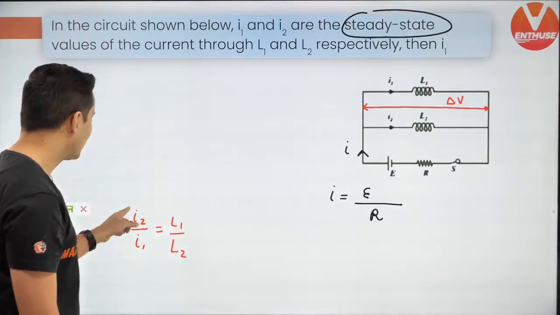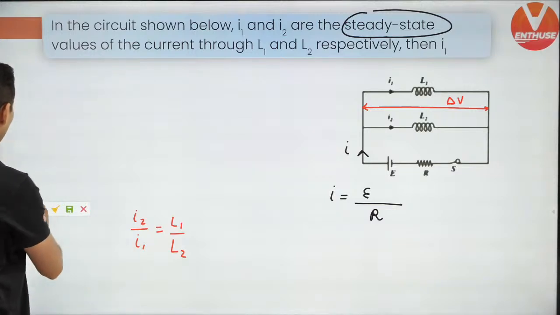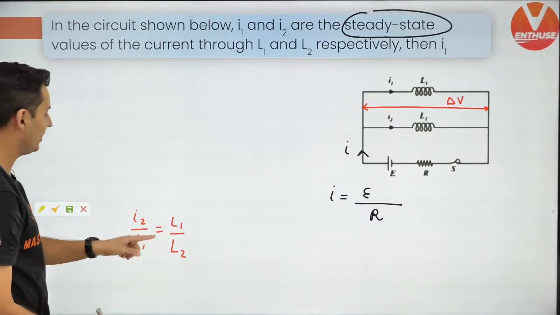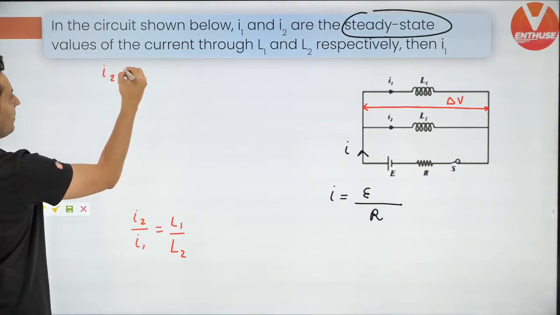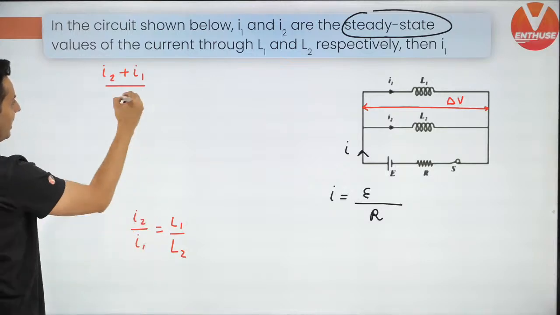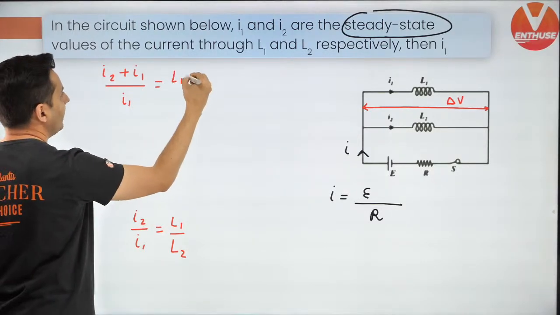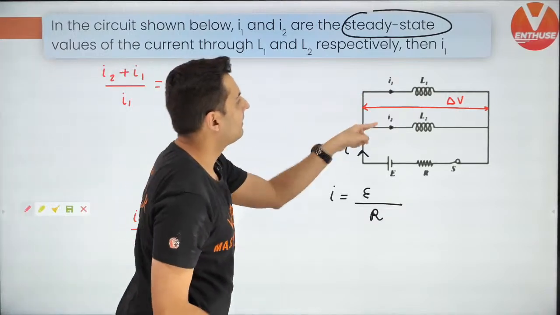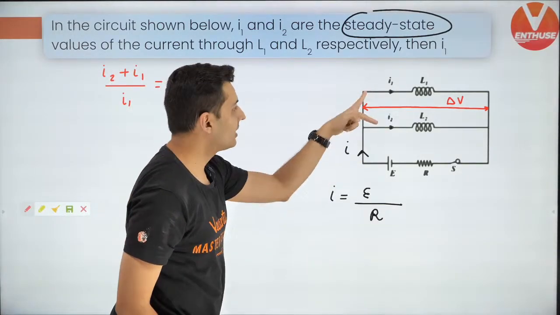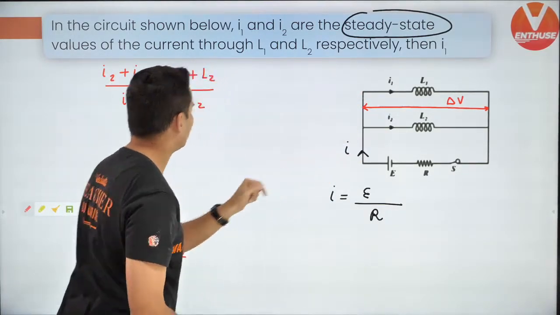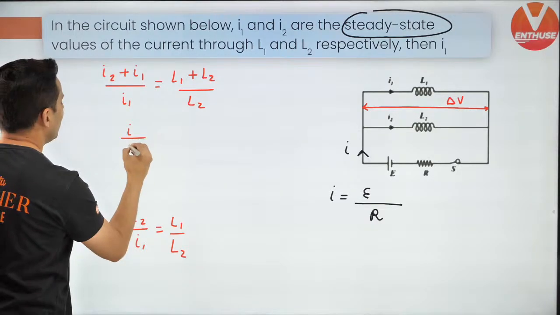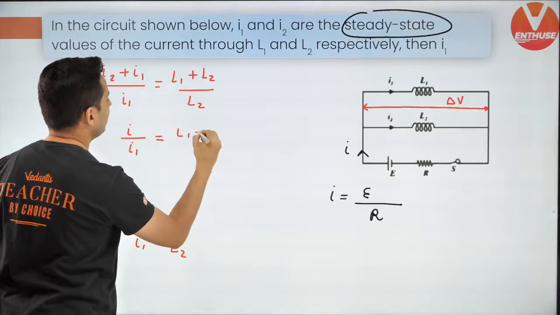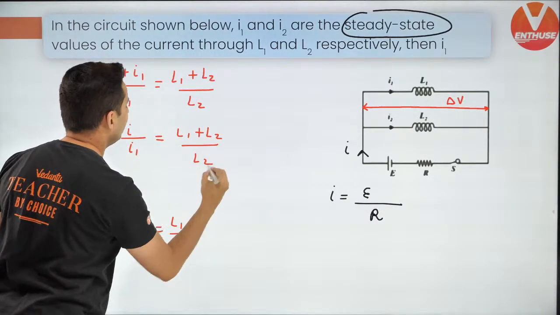Okay, now what to do? Well, I know what to do. Use componendo, guys. So I2 plus I1 divided by I1 will be L1 plus L2 divided by L2. Now what is I1 plus I2? Kirchhoff's current law. Split the current. So that will be I. So I by I1 will be L1 plus L2 divided by L2.